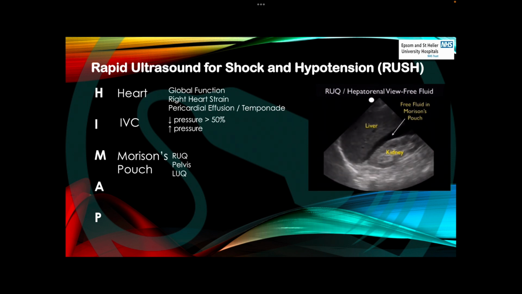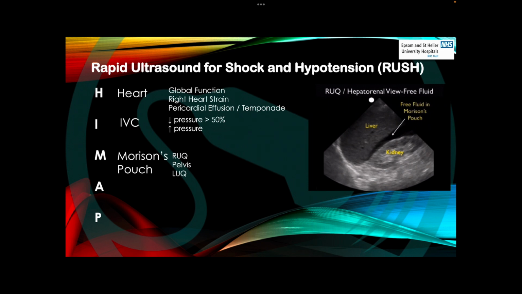You can see there is a fluid between the kidney and liver, and this is one of the ways to evaluate in RUSH as well, to concentrate on when we are looking for the cause of shock. Also, in the pelvis, we can see if there is any fluid.